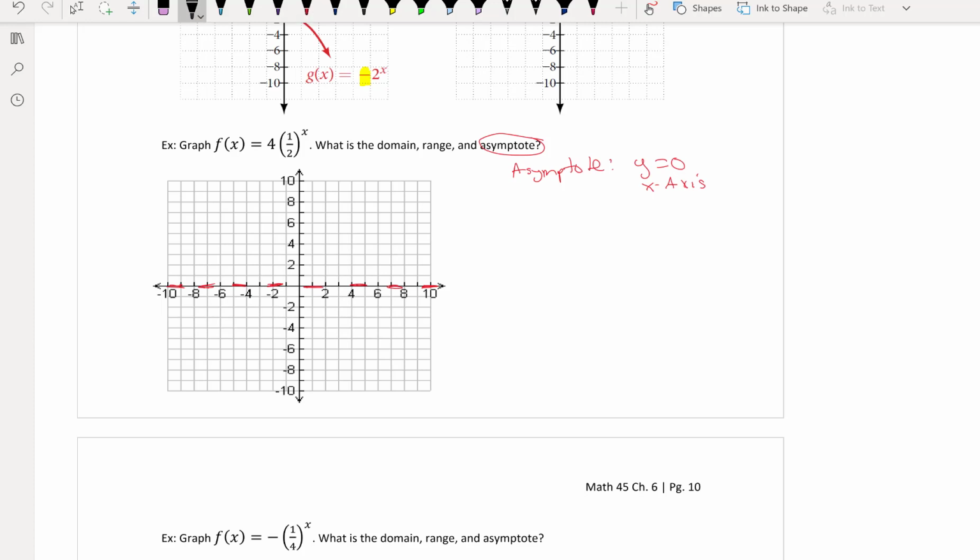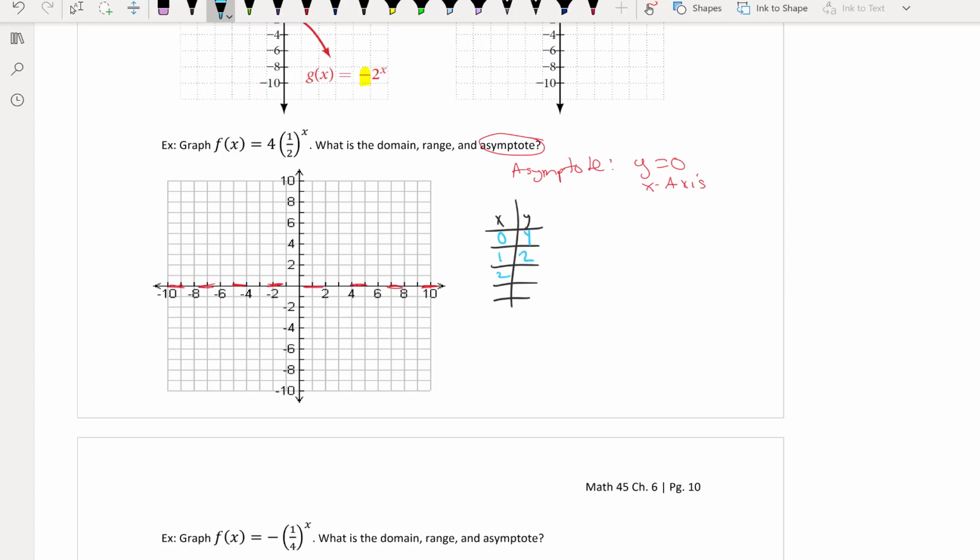So if I wanted to graph this, maybe if I have some points, that might help me to figure out where to put my points exactly. So let's see. I'm going to have the points that are going to help me out. So 0, I always like to start off with 0, 4 is good. I have 1, 2.